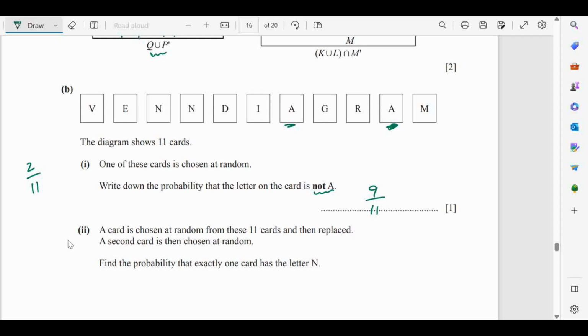In the second part, a card is chosen at random from these 11 cards and then replaced. Replaced means that this is an independent event. A second card is then chosen at random.